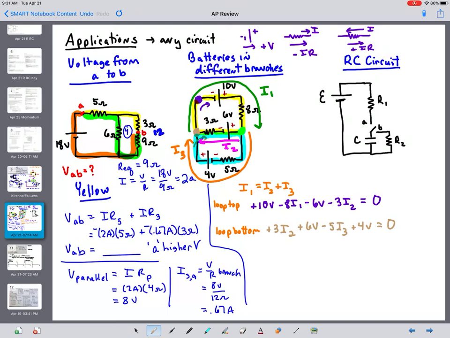And so there's your system of equations you would use to solve for I1, I2, and I3. Based on the format of the AP exam this year, it does not look like they will have you doing long math because you have to write out the responses.